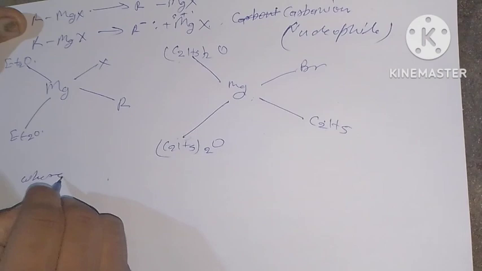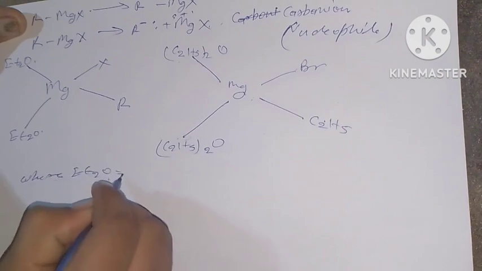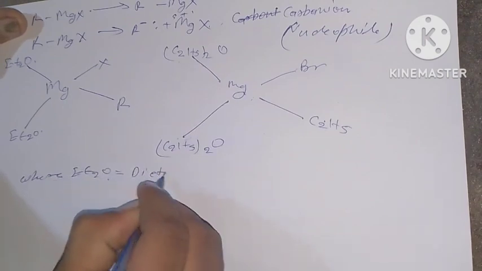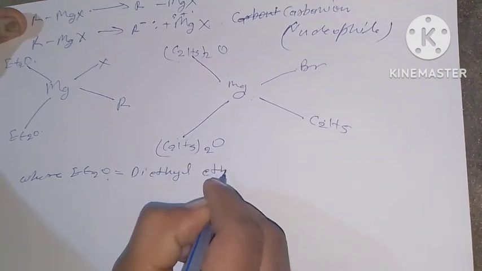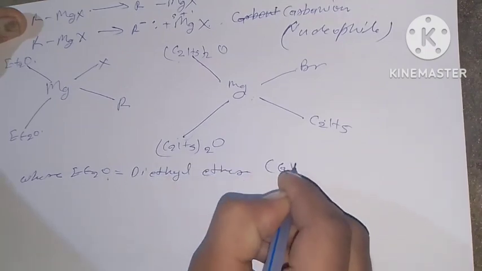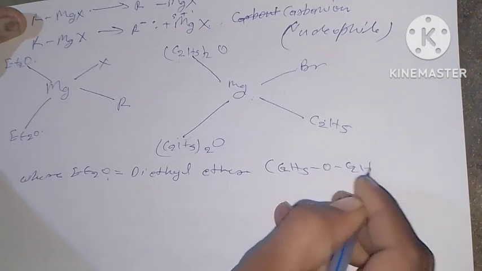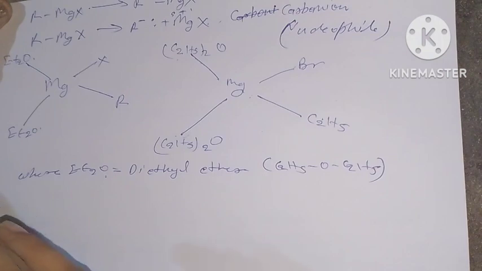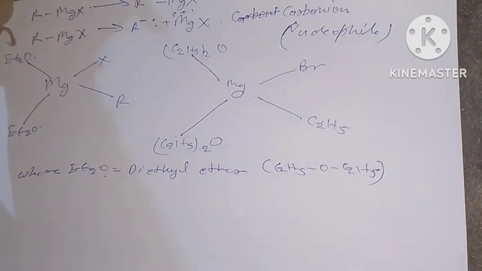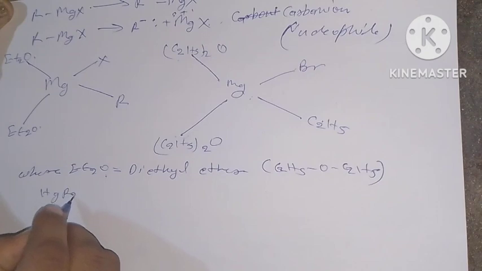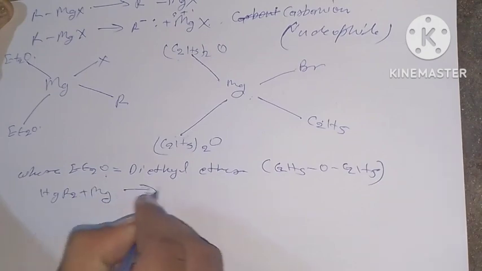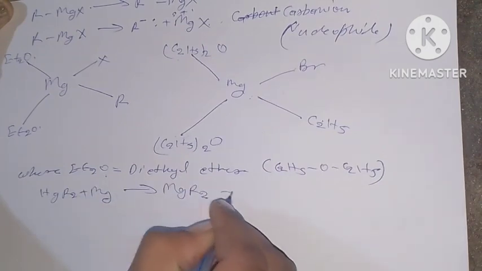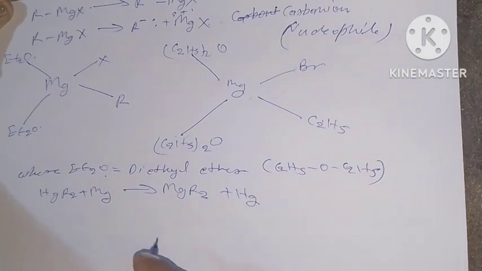Where Et2O is diethyl ether, C2H5OC2H5. Dialkyl magnesium, MgR2, can be prepared when magnesium is treated with dialkyl mercury: HgR2 plus magnesium gives MgR2 plus Hg.